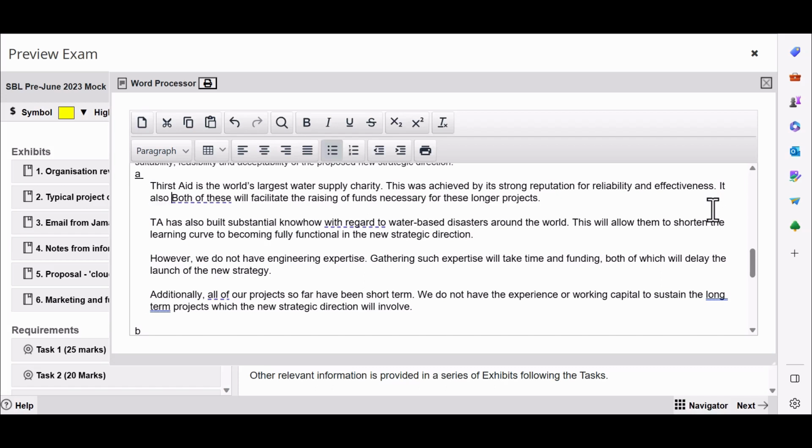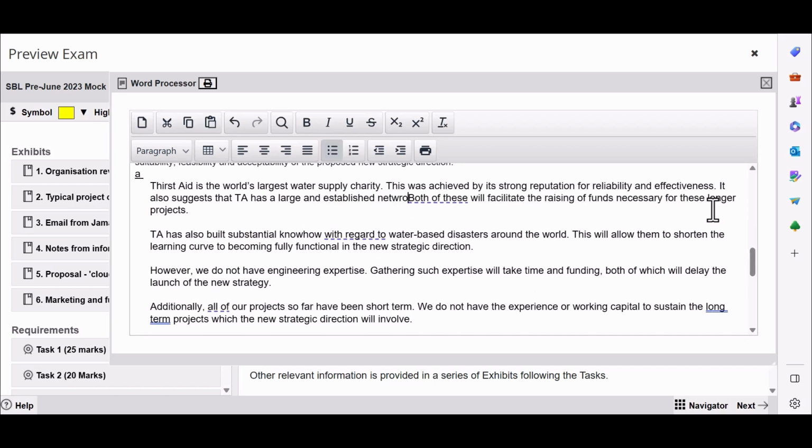It also suggests that Thirst Aid has a large and established network of donors who trust the charity enough to donate.